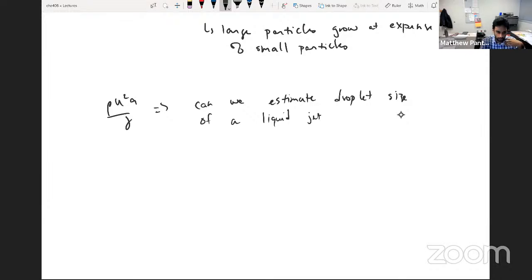Oftentimes what happens when you have the beginning stage of some flow or droplet formation, you start with a jet and it breaks up into little droplets spontaneously. So can we estimate the droplet size of a liquid jet? Let me phrase this a little bit differently. Droplet size formed by breakup of a liquid jet.